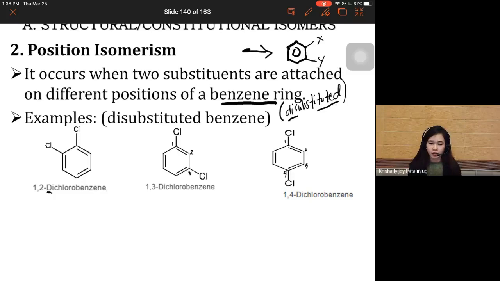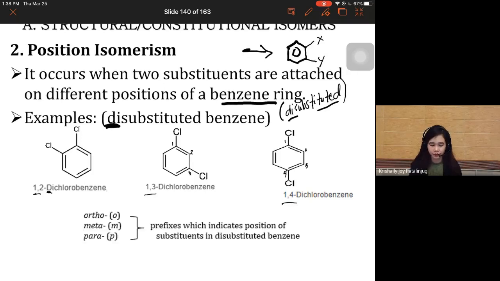Now, I want you to learn these prefixes that are commonly used in naming a di-substituted benzene. When the benzene ring is di-substituted, we don't usually use the positions 1,2, 1,3, 1,4 for the substituents attached to benzene. There are prefixes commonly used to identify the positions of the two substituents, and these are, take note, ortho, meta, and para.